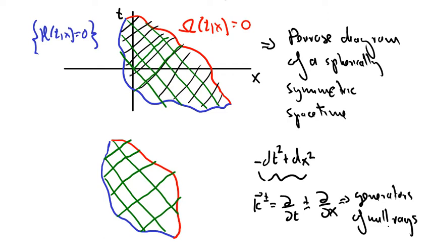Okay, so the relevance of knowing the generators of null rays is that we have this picture and it's easy for us to draw causal curves. We only need to keep the tangent vector to the curve within the tangent vectors of each of the null rays.